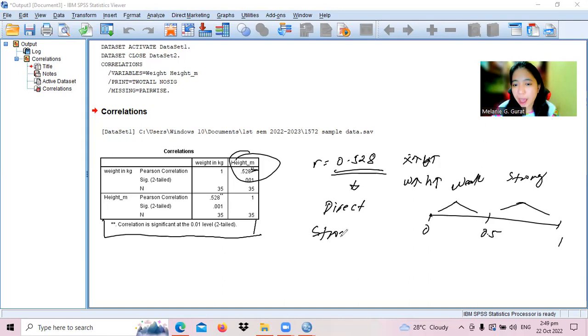So it means that we have a strong correlation. We have a strong direct correlation indicating that the heavier our respondent is, the taller they tend to be. Or vice versa, we can also have weight and height, the taller and the heavier the weight of the respondents.